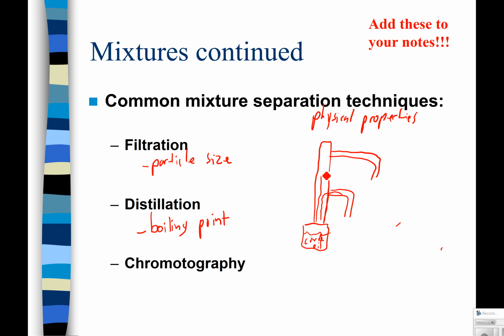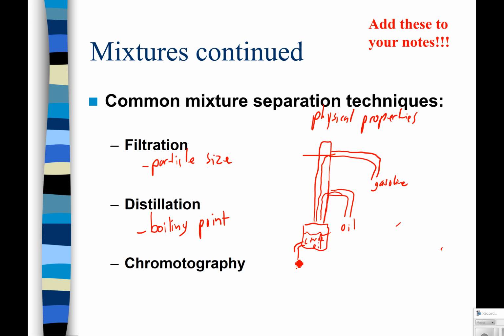And depending on the boiling point of the substance, they're going to rise and collect and condense at a different point in the tube. The hot gas will rise up through here, and depending how far it traveled, it's going to lose energy, it's going to cool down, and it's going to be collected after it condenses into liquid in one of these containers. And we're going to get things like oil, gasoline.